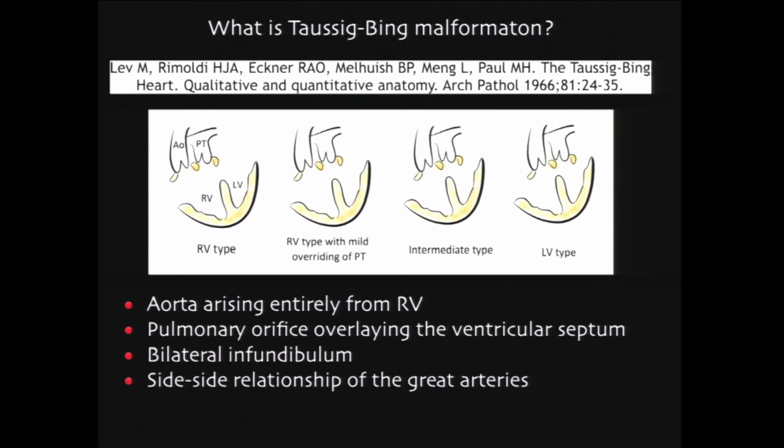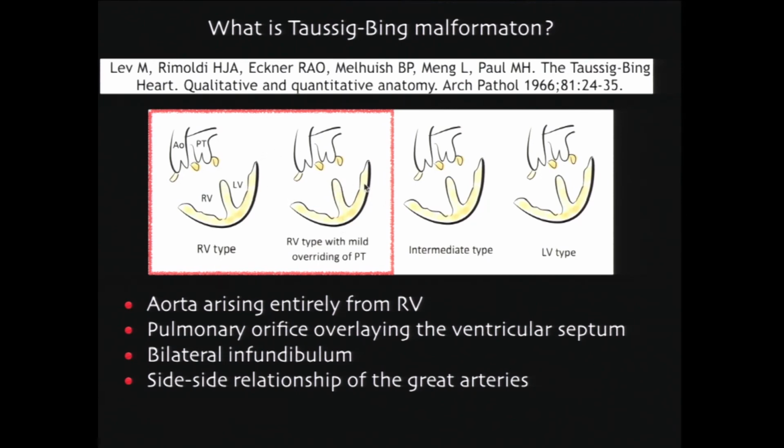1966, Dr. Lev, who made the DORV classification, extended the definition of double outlet right ventricle to include actually complete transposition. So then there was a lot of confusion in how we define the Taussig-Bing malformation. However, most of the people define Taussig-Bing malformation as DORV with the subpulmonary VSD.